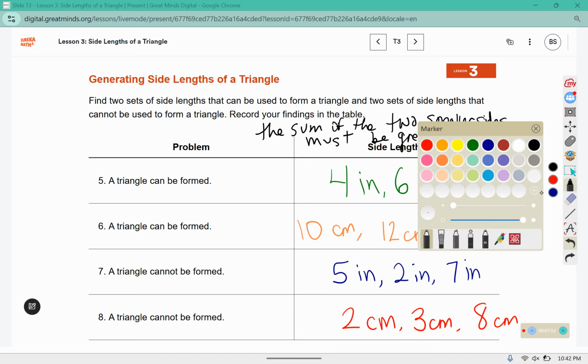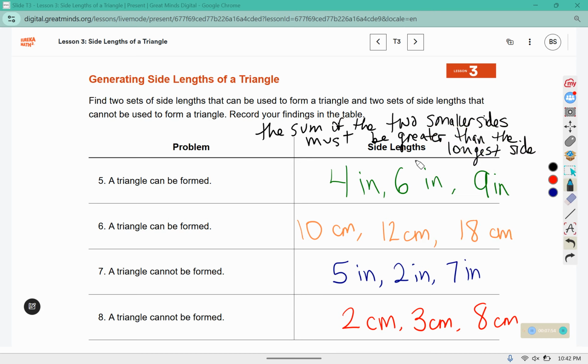So here, if we add the 2 small sides together, 4 plus 6 makes 10, and 10 is bigger than 9. This one, our 2 small sides are 10 and 12. 10 plus 12 is 22, which is bigger than 18.